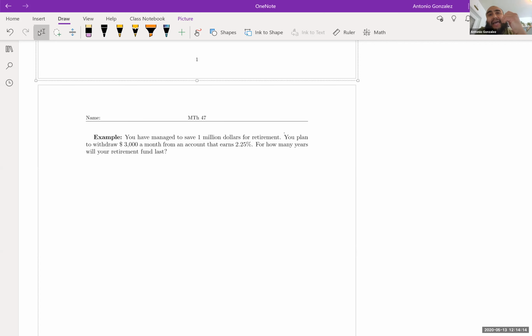Am I depositing, and if so, is it one deposit or multiple deposits? Or am I withdrawing, or making multiple payments? In this case, you plan to withdraw $3,000 a month, multiple payments. When we see withdrawals, this is a payout annuity.